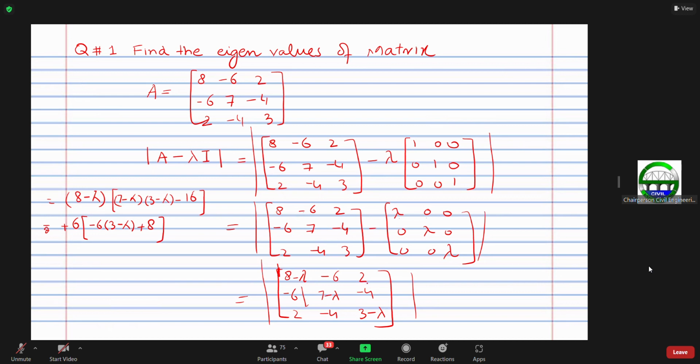And my next is plus, and this one is plus 2, and it will be equal to 24 minus 2 times 7 minus lambda.